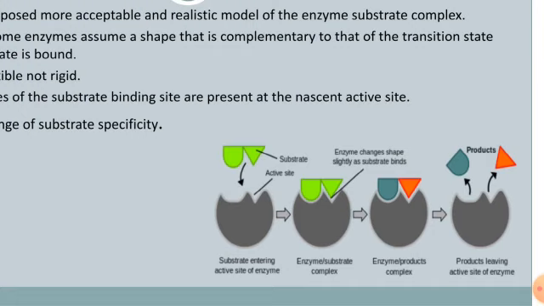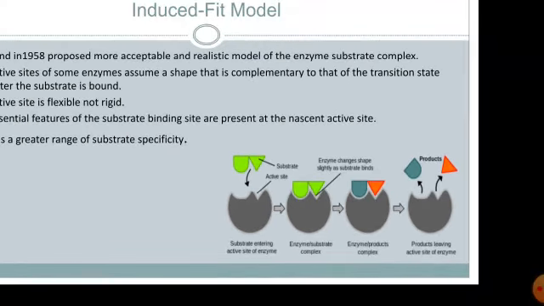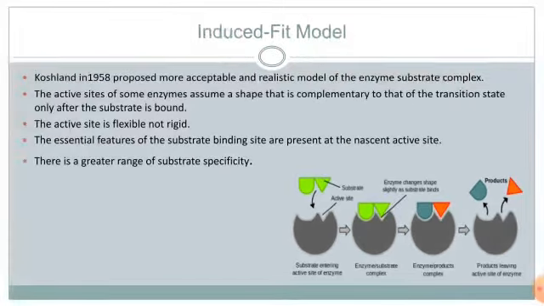The enzyme active site is not rigid; it is flexible and changes its conformation, so the substrate molecule easily occupies the enzyme's active site, forming the enzyme substrate complex. The substrate is converted into the product, the product leaves the active site of the enzyme, and the enzyme molecules are reusable. So this is the induced fit model. This is the mechanism of enzyme action.